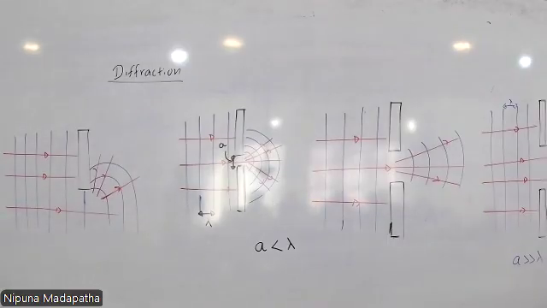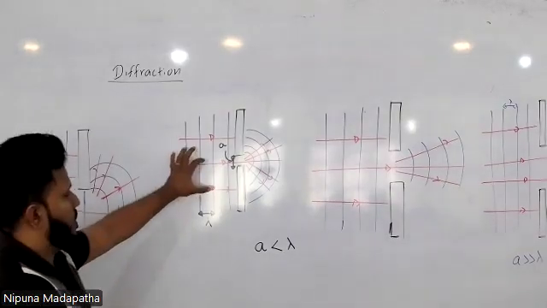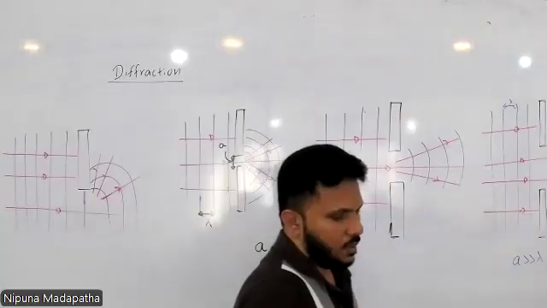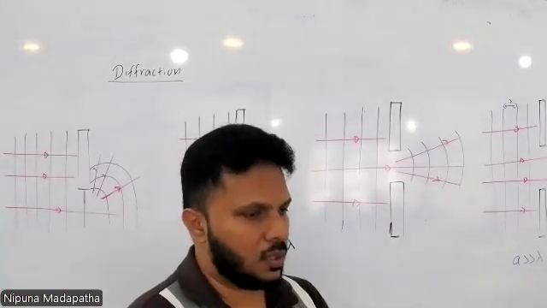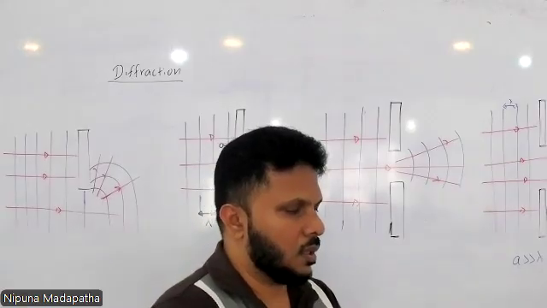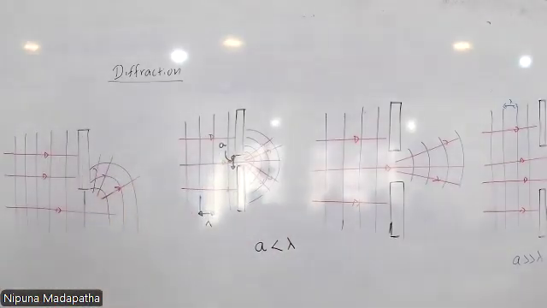Aperture, within bracket, a small hole or a narrow hole. The wave is spread out.